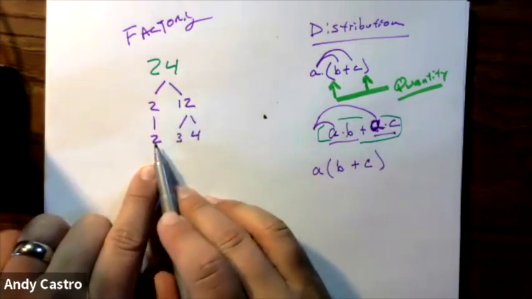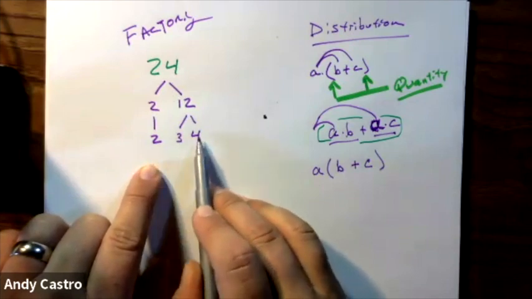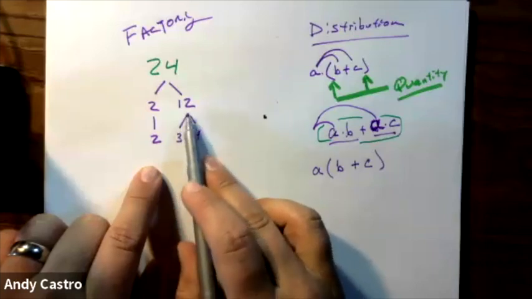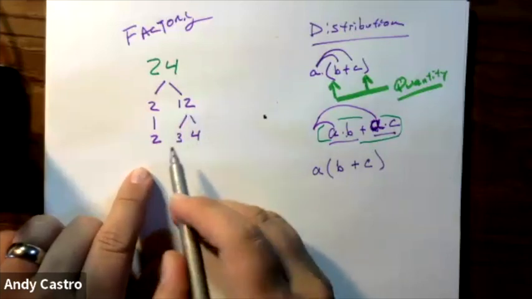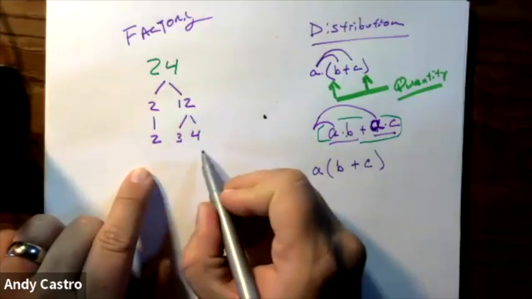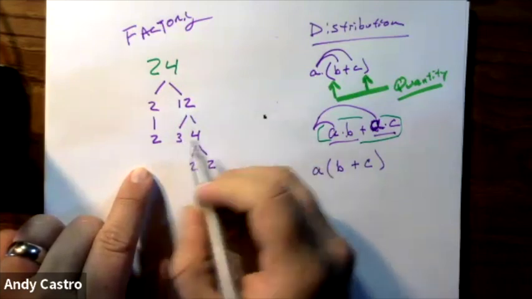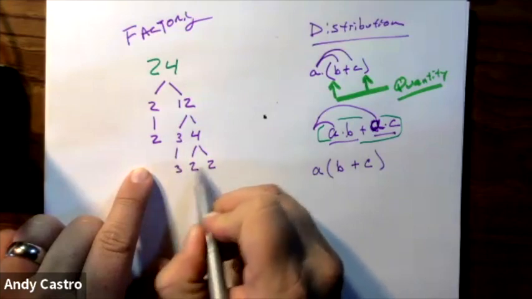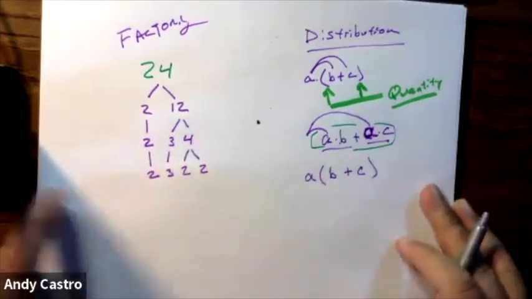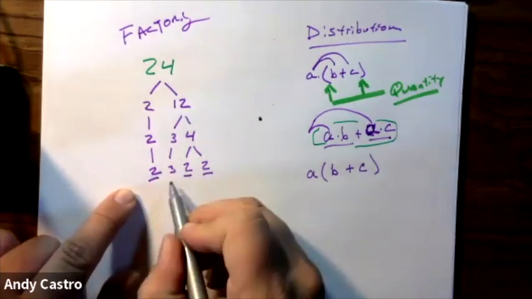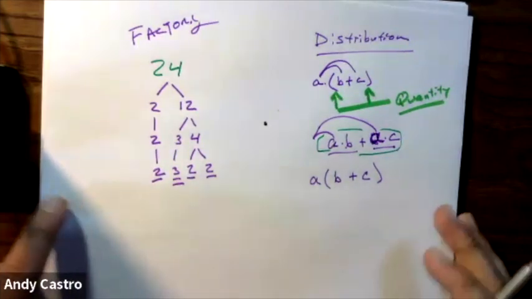And down here, 2 times 3 times 4 is 24, because I factored this 12 into two components. So the 2 and the 3 are prime, but the 4 is still a composite number, and it's composed of two 2's. So if I look at my primes here, I have 1, 2, 3 2's and a 3.